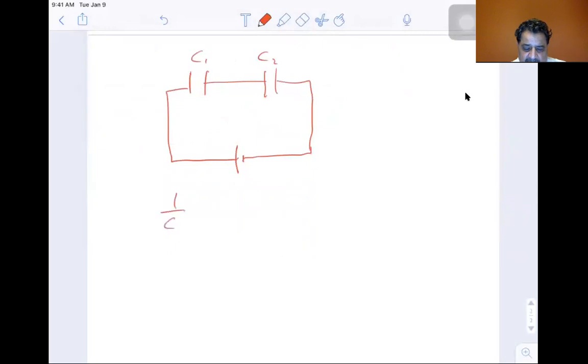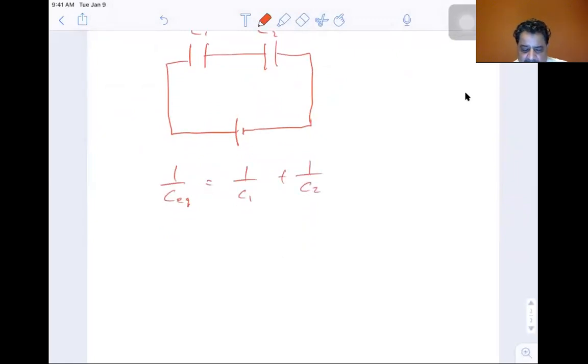Now, 1 over C equivalent is equal to 1 over C1 plus 1 over C2. Now, let's get a common denominator. 1 over C equivalent is equal to C2 over C1 C2 plus C1 over C1 C2.